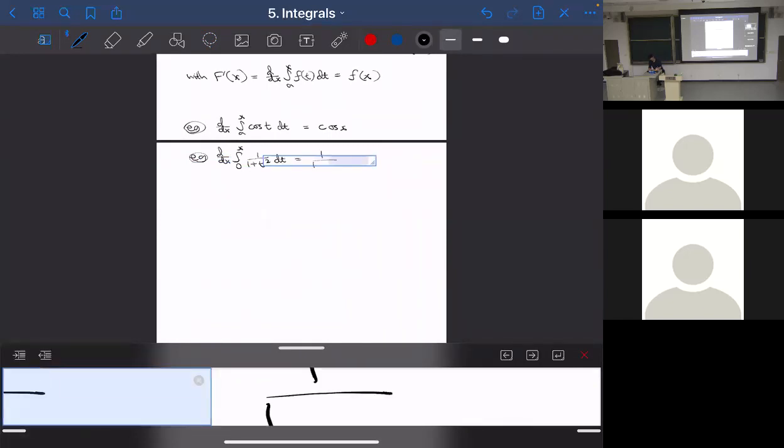So that would give me 1 over 1 plus x squared. Okay, so I think I will give a proof of that and then go on to the second part.